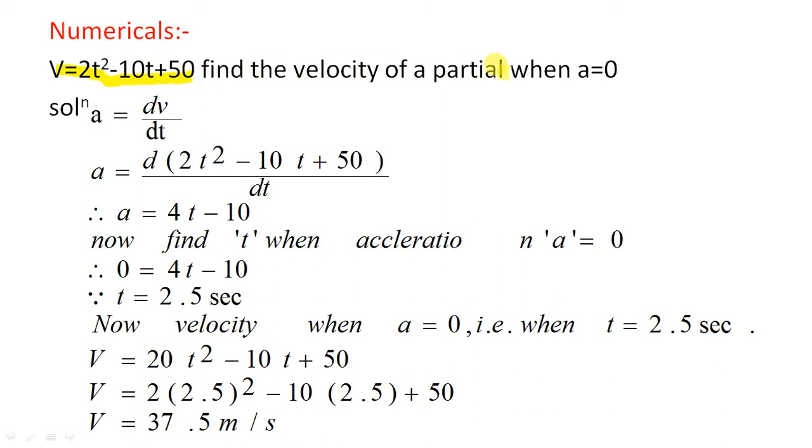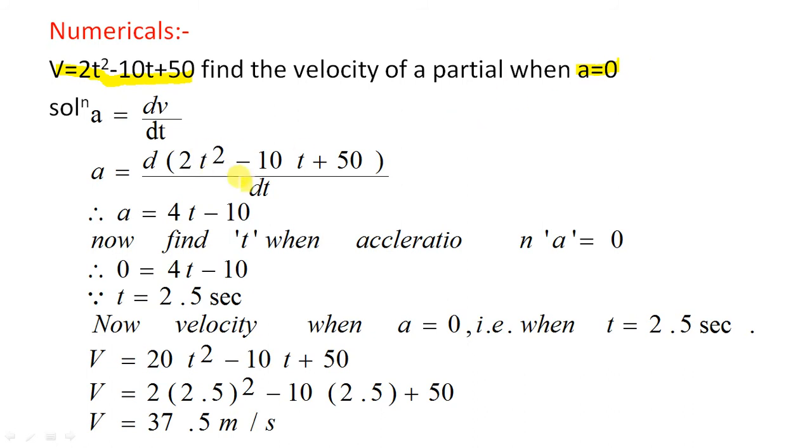Find the velocity of the particle when A is equal to 0. So they have asked us to find out the velocity when A is equal to 0, that is, we have to find out V when A is equal to 0. So first we have to find out the time when A is equal to 0.